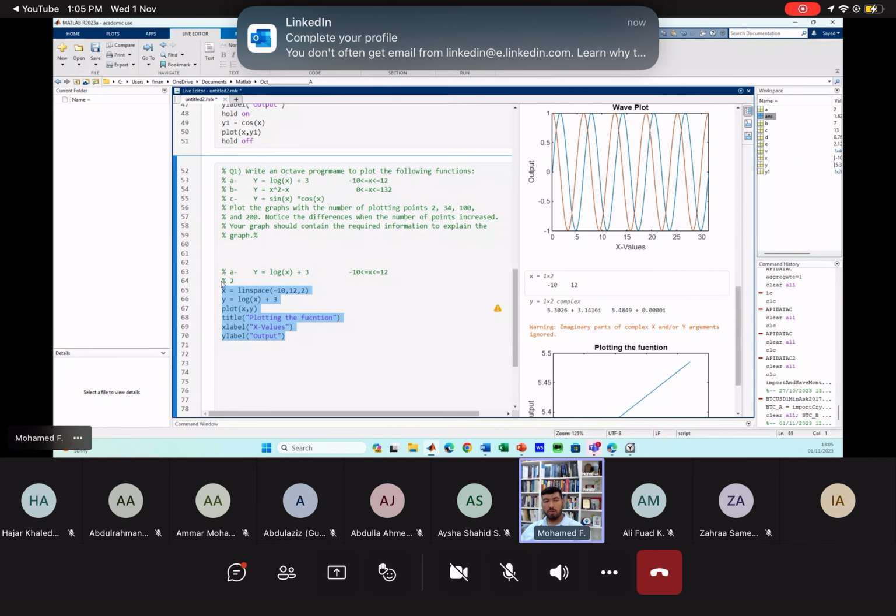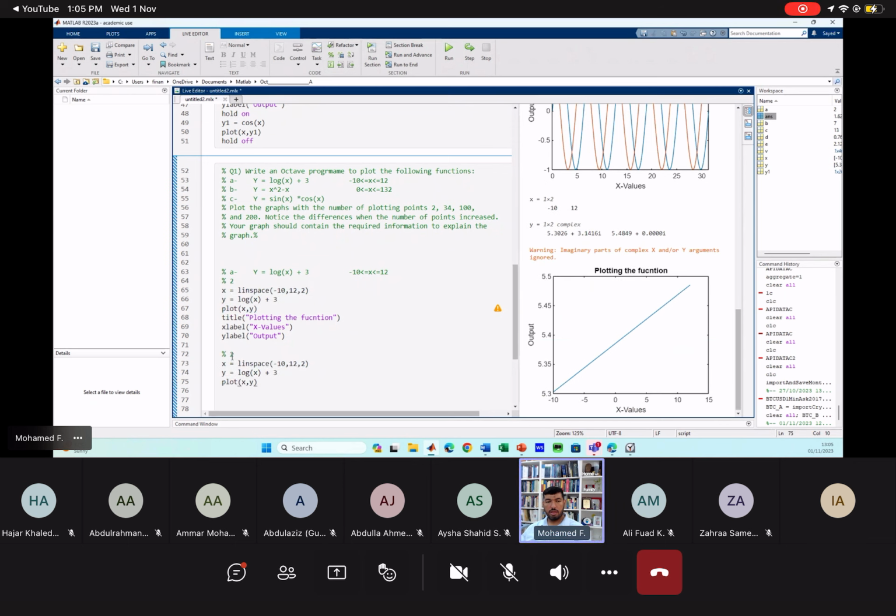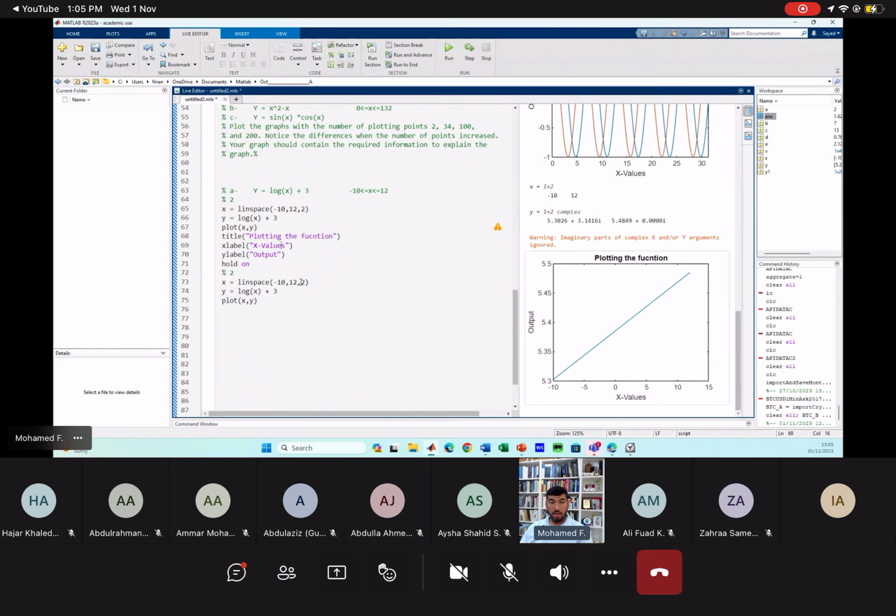Now, we are going to do it again, but without that part, and we are going just to put hold on. So we can just build on the same function. Now, once we have that, what is the second point? 34.